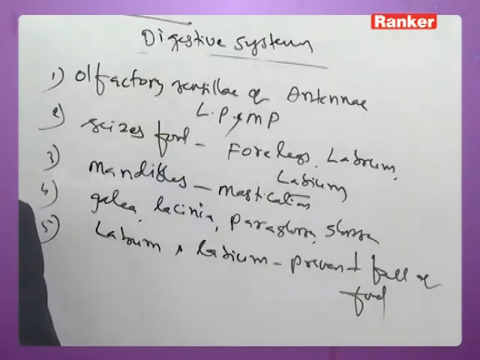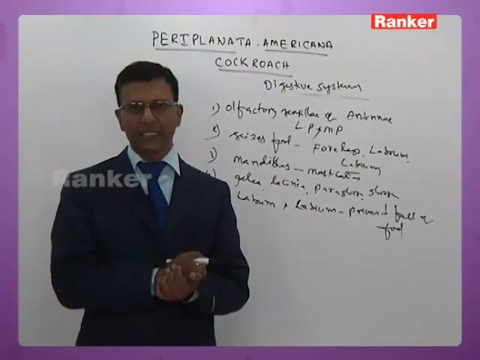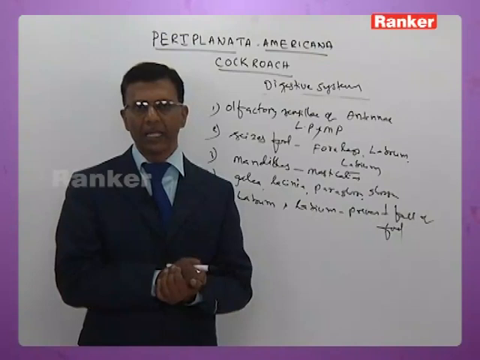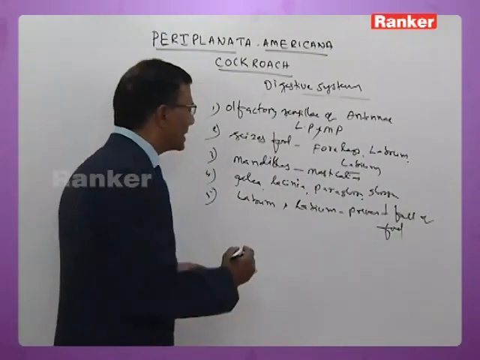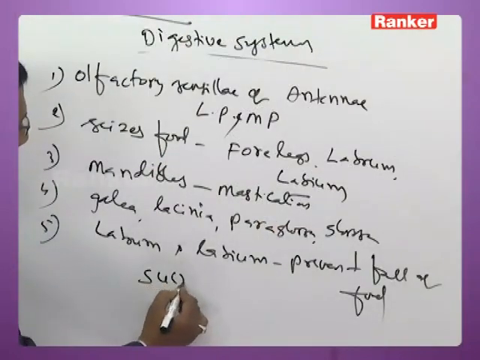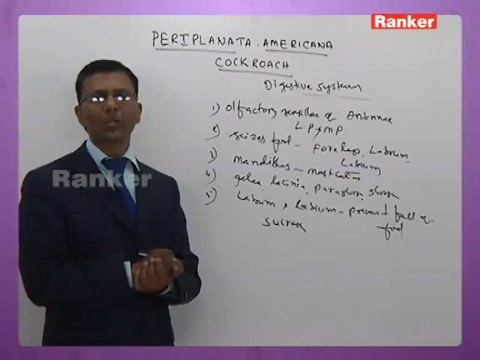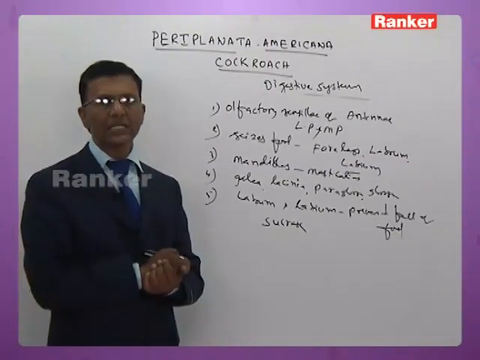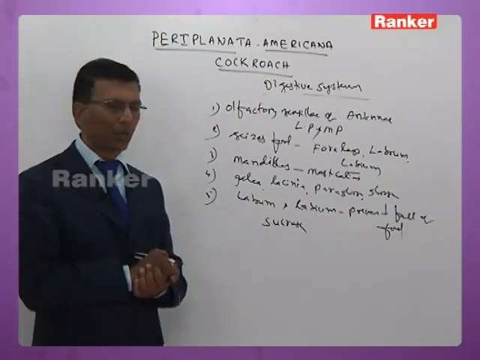Disaccharides are broken down into monosaccharides by amylase and other enzymes. Like the enzyme sucrase, also called invertase, breaks down sucrose into glucose and fructose.